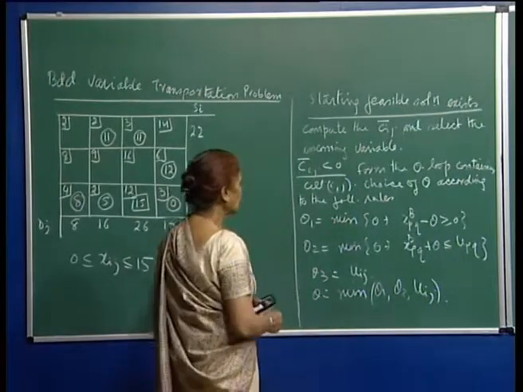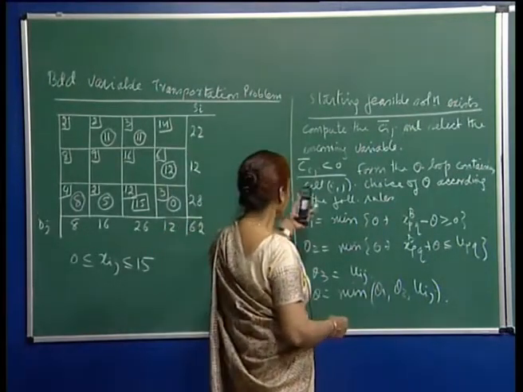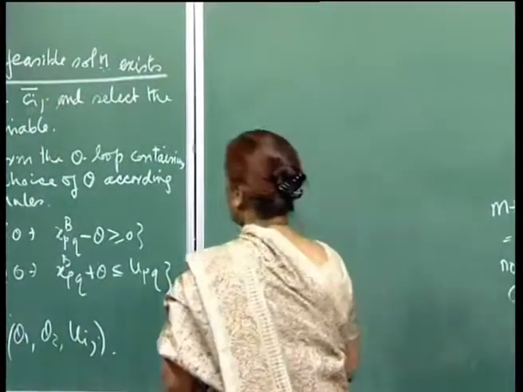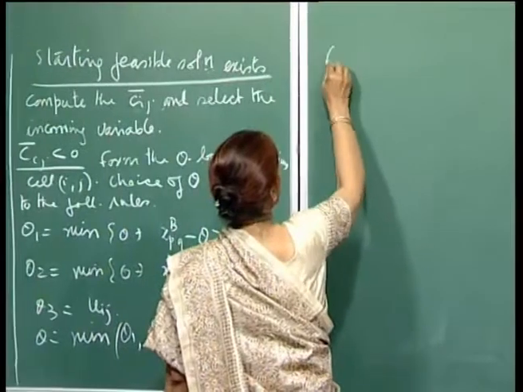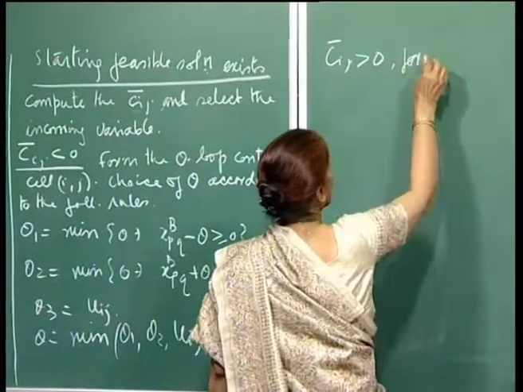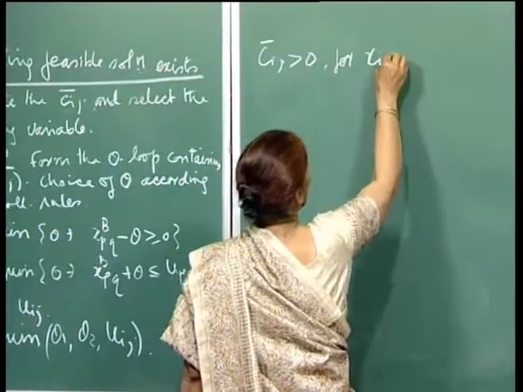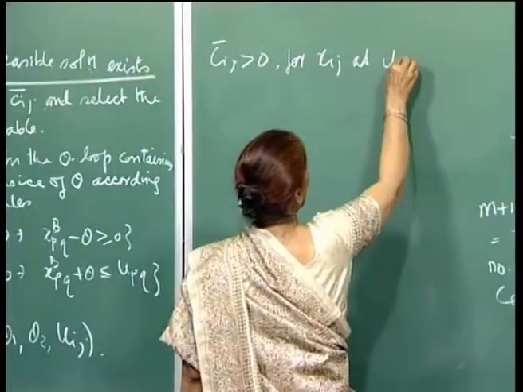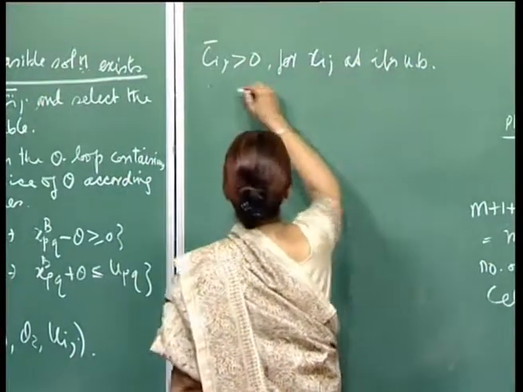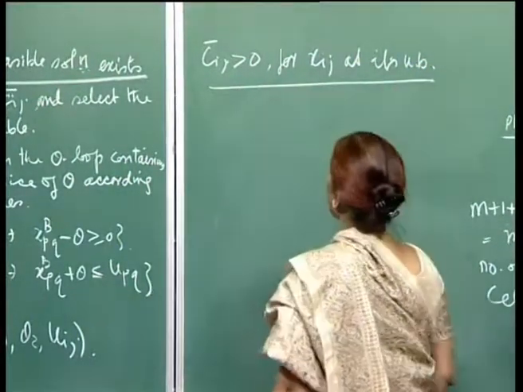Similarly, you can argue out for Cij bar greater than 0. So, here we will say that when Cij bar is greater than 0 for Xij at its upper bound, right. So, Cij bar is positive.